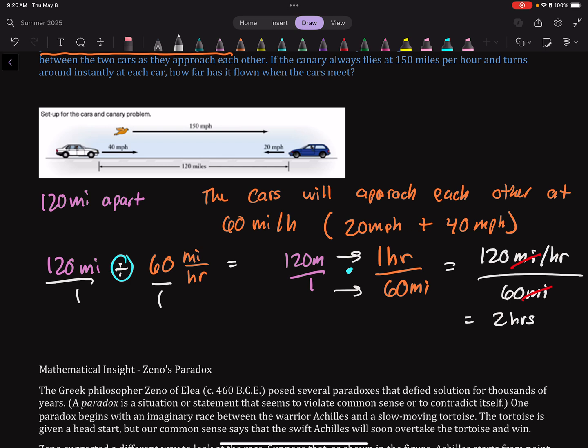We always want to be left with one unit of measurement here because it's asking about time. So 2 hours. What this means is that the cars will meet in 2 hours. Now we're talking about the canary. The canary is flying at 150 miles per hour, super fast.